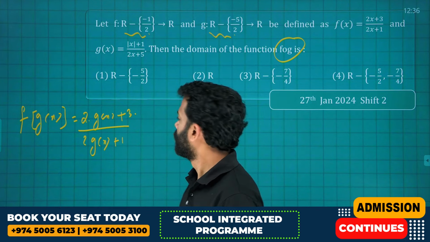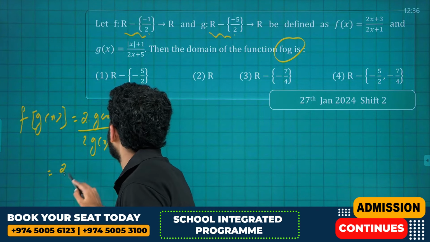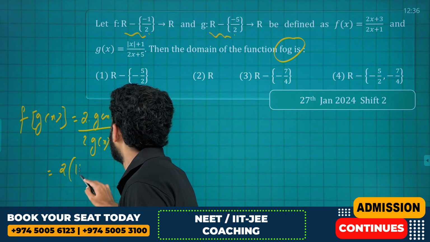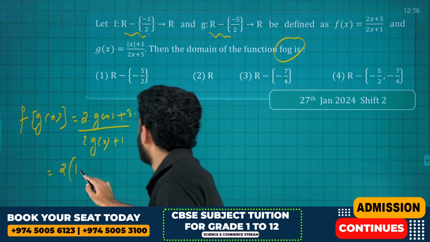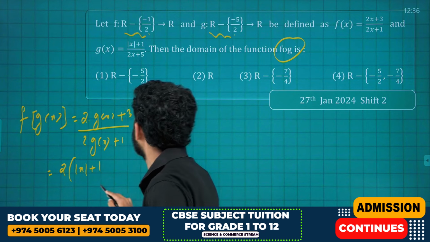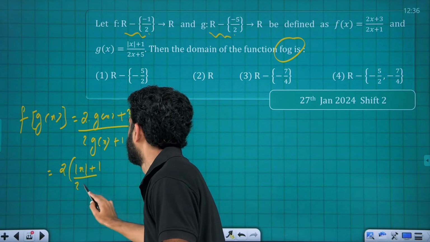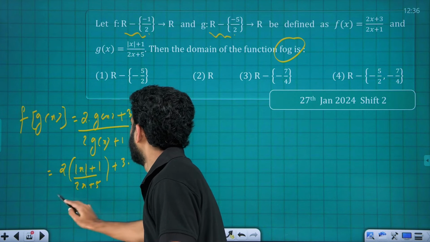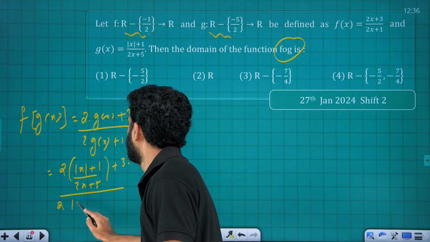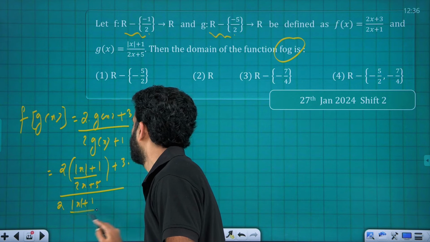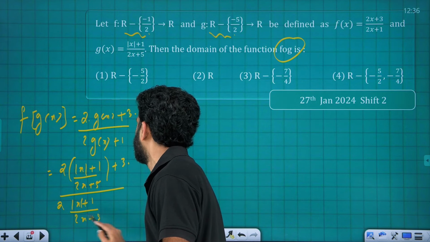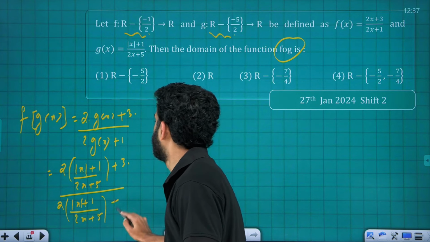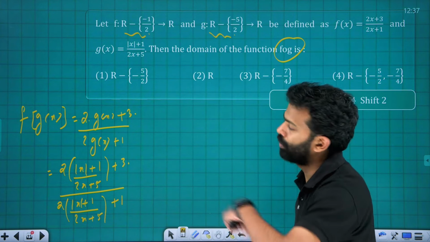This value, right? It will be 2 into mod x plus 1 divided by 2x plus 5, plus 3, divided by 2 into mod x plus 1 divided by 2x plus 5, plus 1. Okay, this is what f of g of x is. There is one more thing which I need to mention after this.